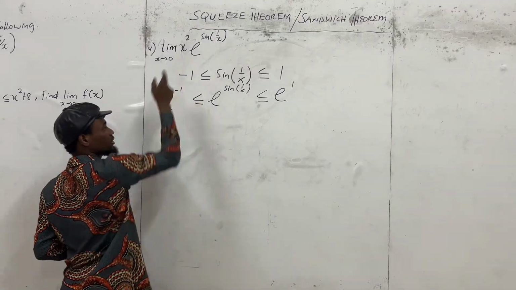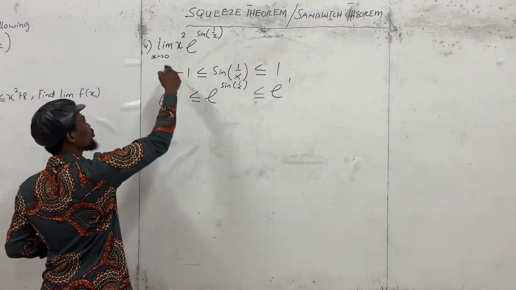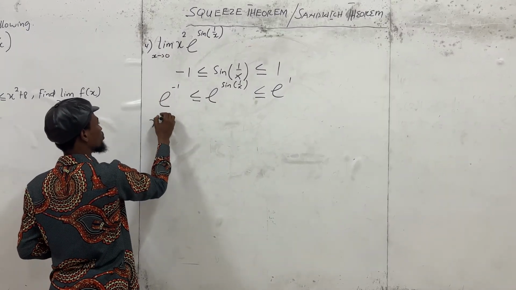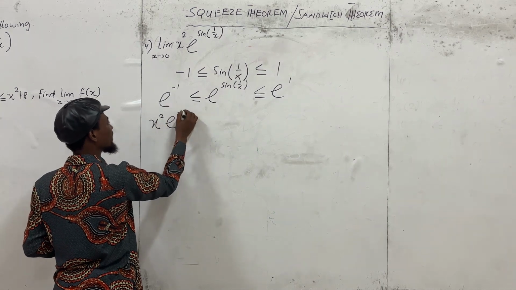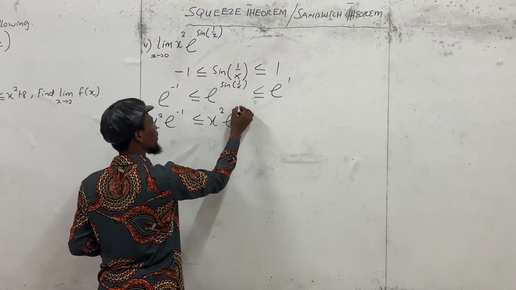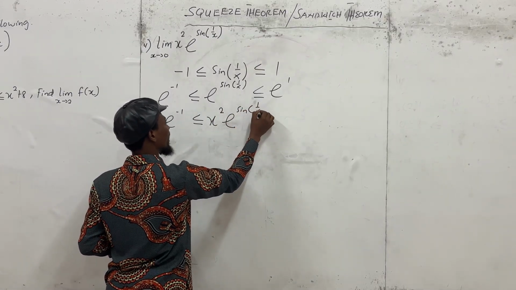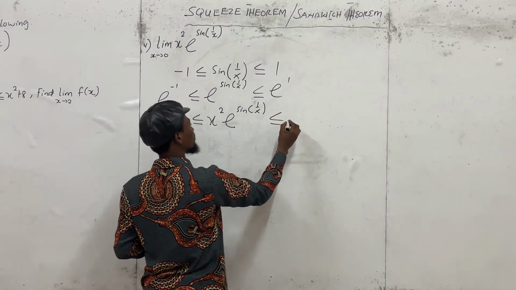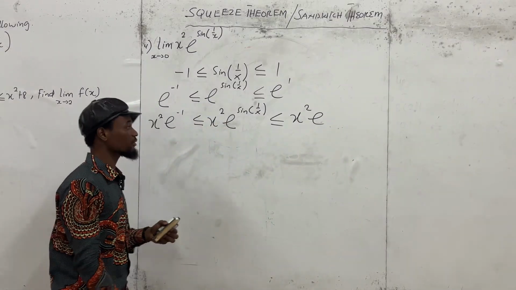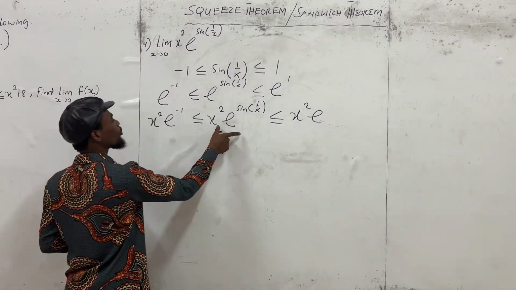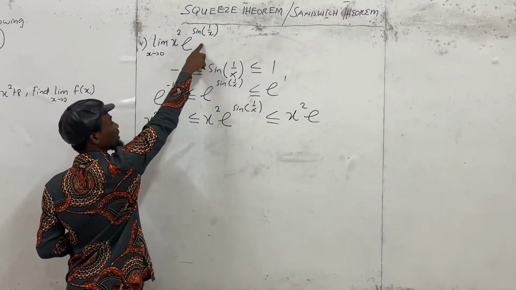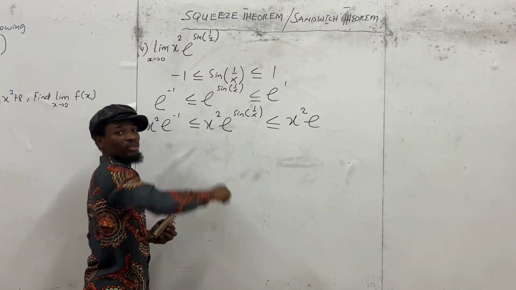Multiplying by x to the power 2, I have x squared times e to the power of negative 1, less than or equal to x squared times e to the power of sine of 1 over x, then less than or equal to x squared times e to the power of 1, right? So I did the same, and in the middle we have x squared e to the power of sine of 1 over x.